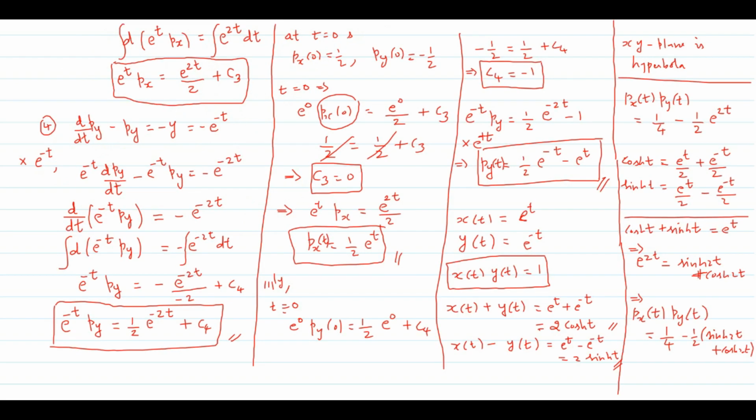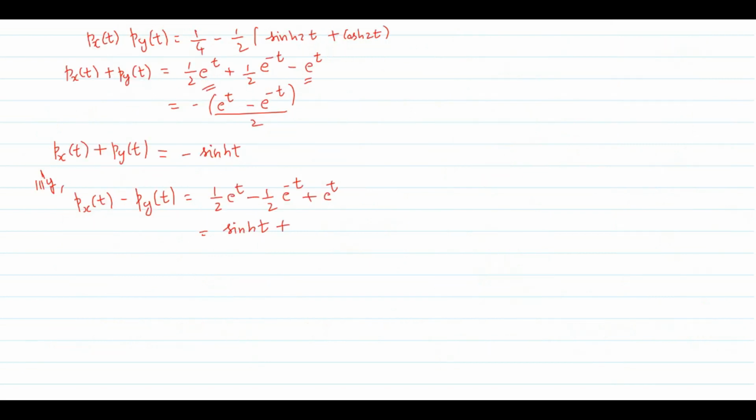Now what is e power t? e power t is this term, so I'm using this: cos hyperbolic t plus sine hyperbolic t. So this can be written as 2 times sine hyperbolic t plus cos hyperbolic t.